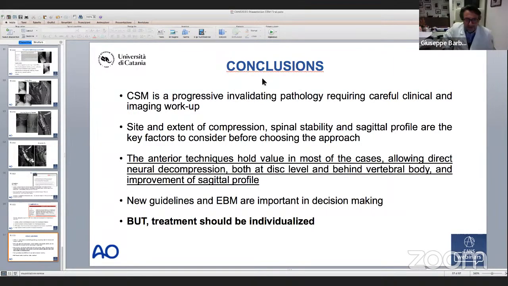Well, honestly, I have tried over the years a couple of different options, but I have not found the gold solution, I would say. I try to do a foraminotomy when I go posteriorly from the back, but I think it's also related to the traction of the nerve root sometimes.